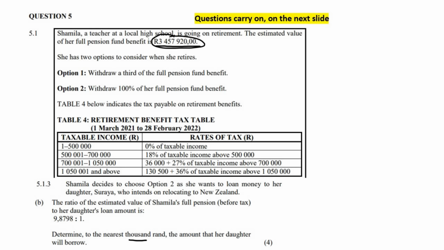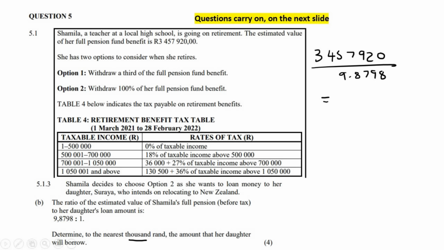To work out what she's going to be giving her daughter, you're going to say 3457920, and you're going to divide it by 9.8798. Because the pension fund is 9.8 times larger than the loan. So to work out the loan, we're going to divide.